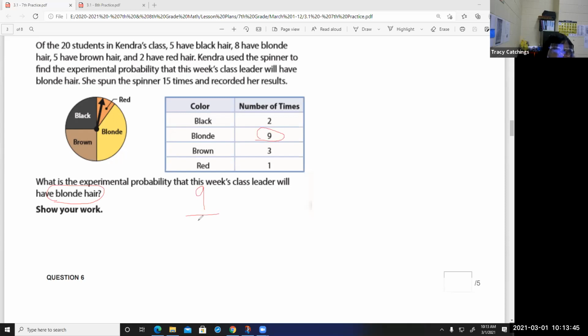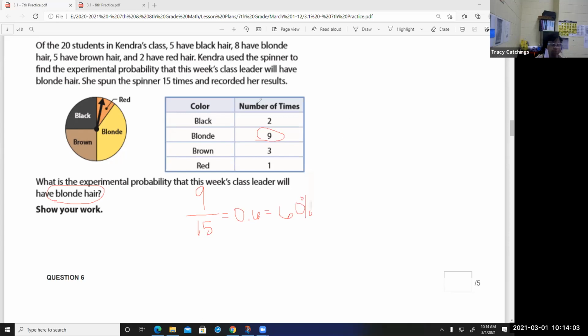You said it was spun 15 times. Y'all agree? All right. Somebody give us the decimal. 0.6. All right. So the percent. 60%. Good job.